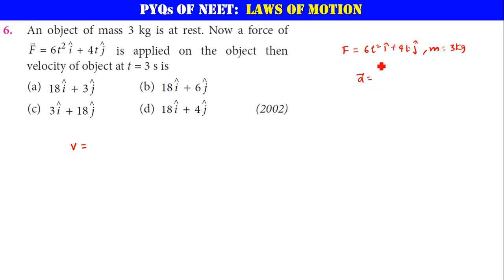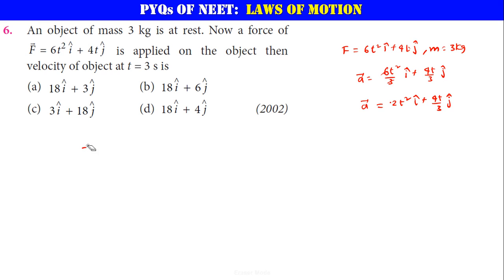Acceleration is equal to force by mass, isn't it? So a is equal to 6t square by 3 i cap plus 4t by 3 j cap, that is 2t square i cap plus 4t by 3 j cap. That's your acceleration. From acceleration we know how to find velocity.